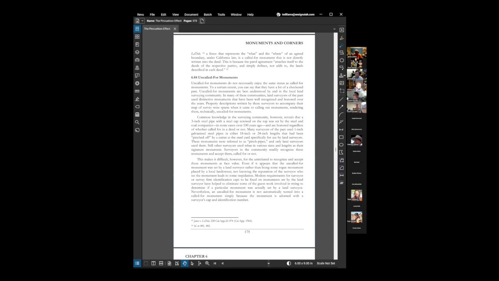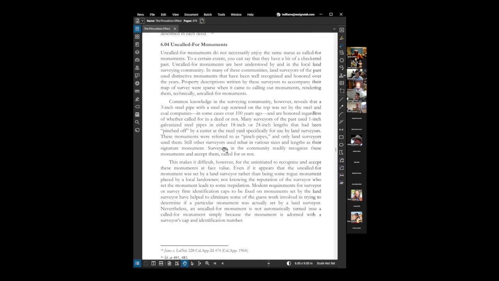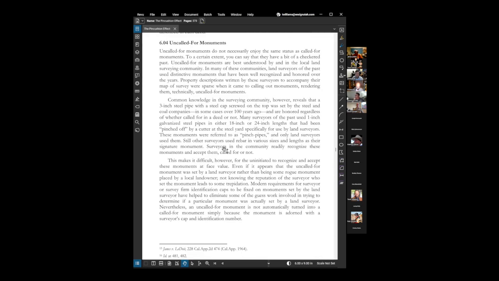Even though a monument is not an original corner, it may still represent some other legal concept, such as estoppel, adverse possession, or boundary line agreement. It may still be the corner, but it's not an original monument unless you can show that it was referenced directly or indirectly by the conveyance.